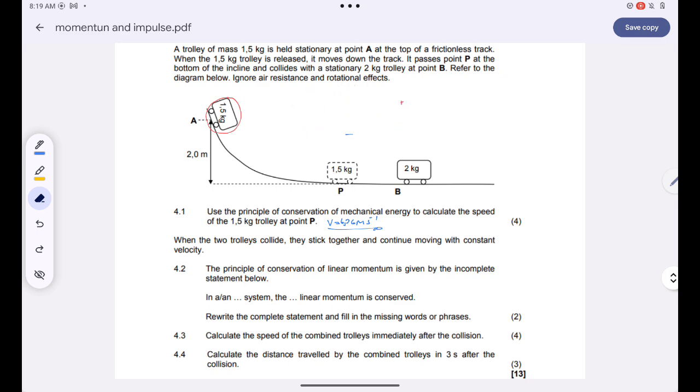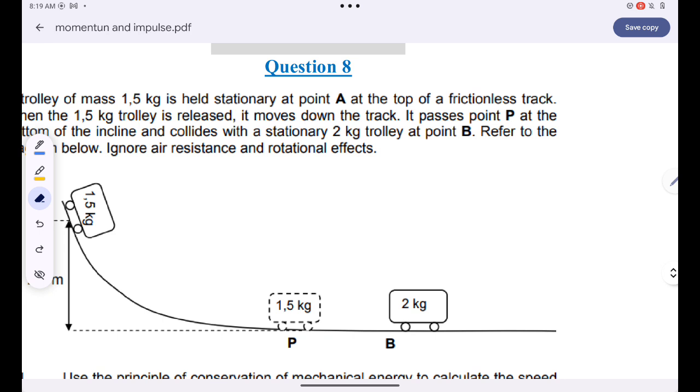Let me write here on top, because there is a bit of space. Sum of the momenta before collision is equal to the sum of the momenta after collision, right? If the 1.5 trolley, we can call it trolley R, and then the other one trolley S. We can simply say that momentum of trolley R, remember that momentum is the product of mass and velocity, right?